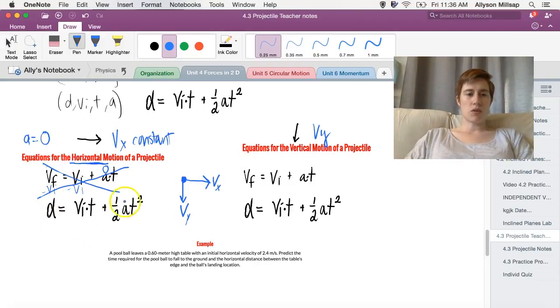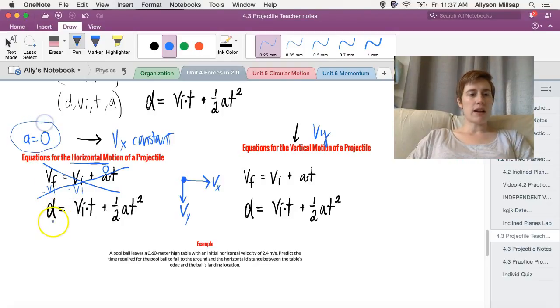Now let's look at this formula. How does acceleration being 0 affect this formula? Well, let's say we take a right here and I replace it with 0. What does that do to this entire part of the equation? It all becomes 0 on this part of the equation because they're all being multiplied.